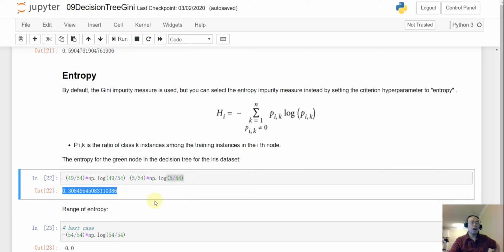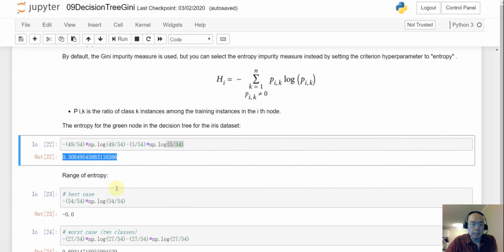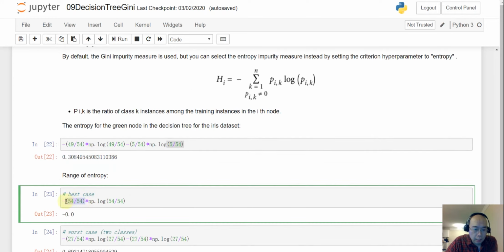And how about we try to figure out the range of the entropy as well? In the best case, we have 54 samples and all those samples belong to one class. In this case, we will have 100% and then log 100%. And remember, it is negative, so we get a 0. It seems that in the best case, for both entropy and Gini, we are going to get a 0, right?